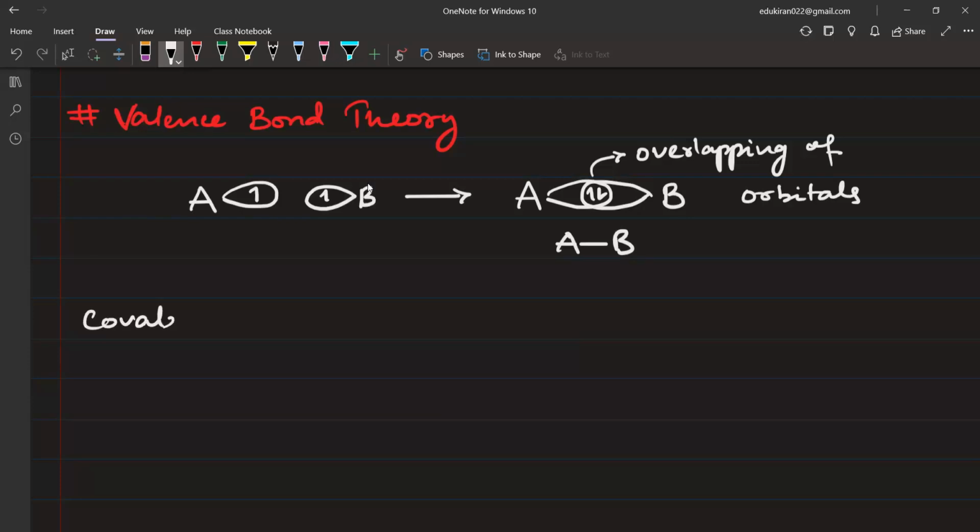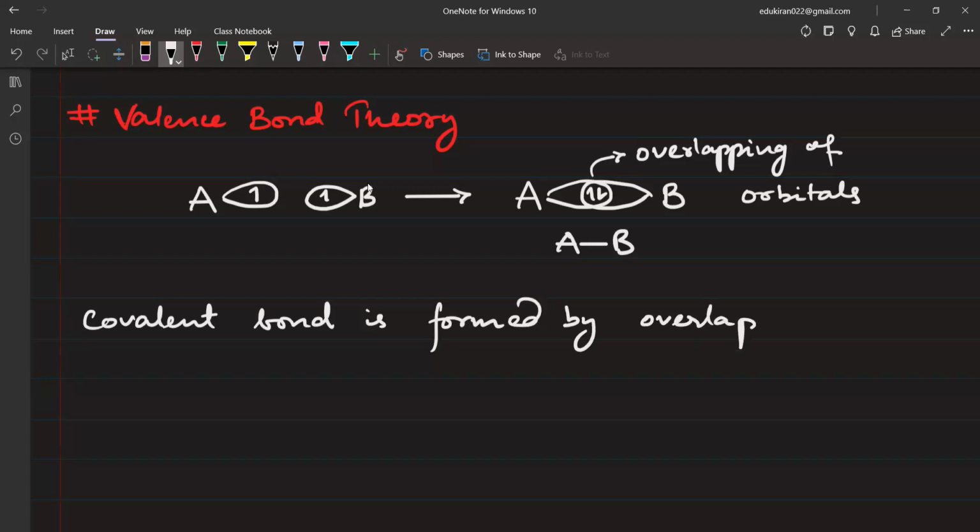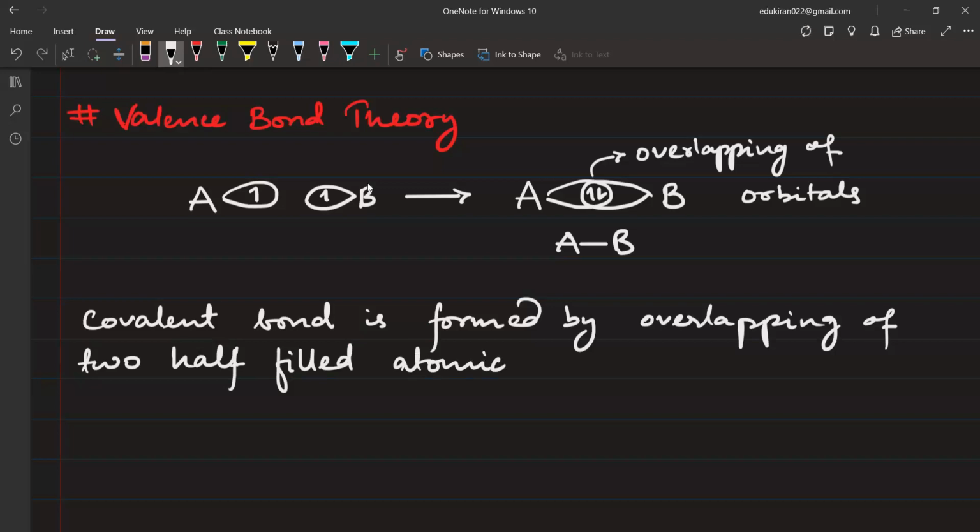Covalent bond is formed by overlapping of two half-filled atomic orbitals of their valence shell.